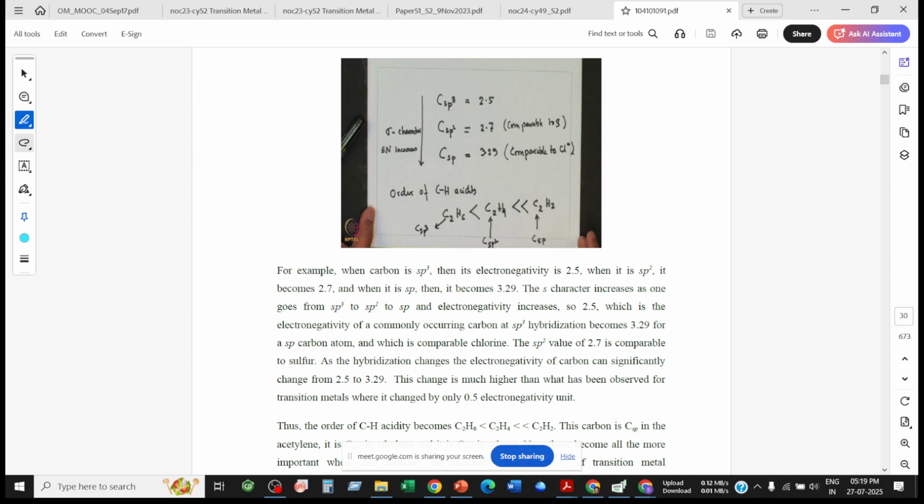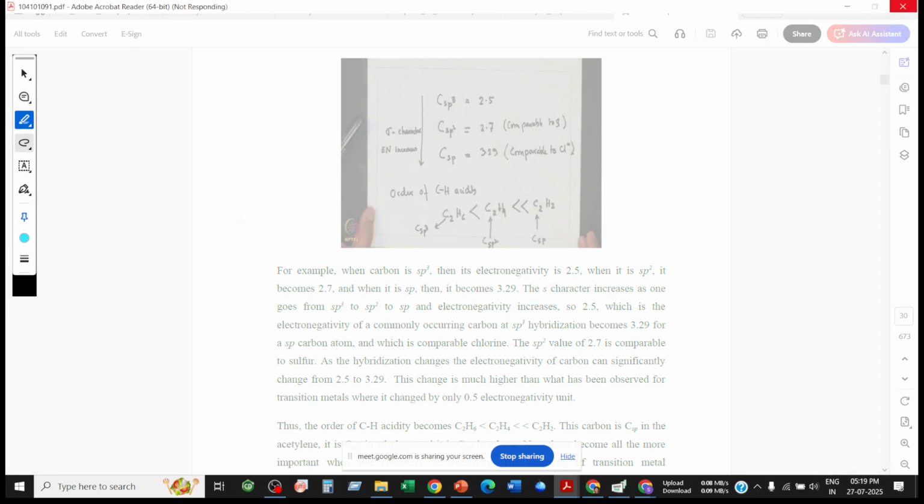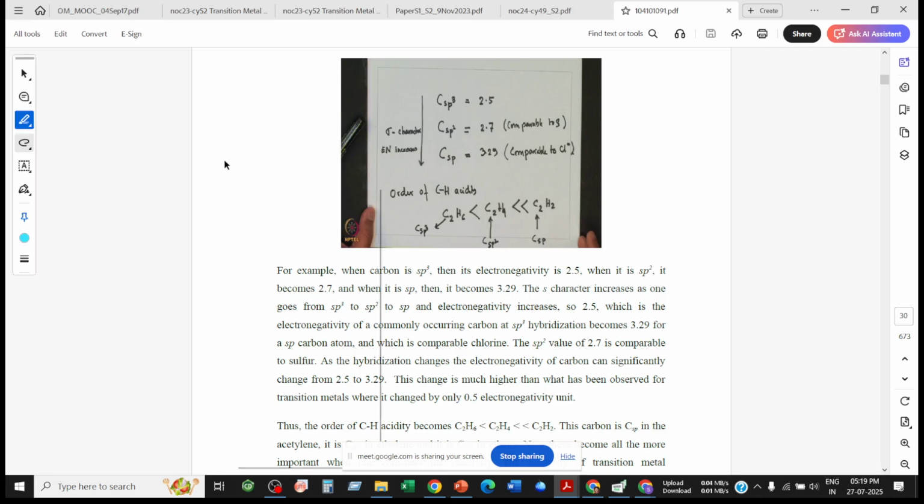So here, dx square minus y square has lobes along the axis, so that cannot form the pi bond. So the sigma bond will be formed along the axis.